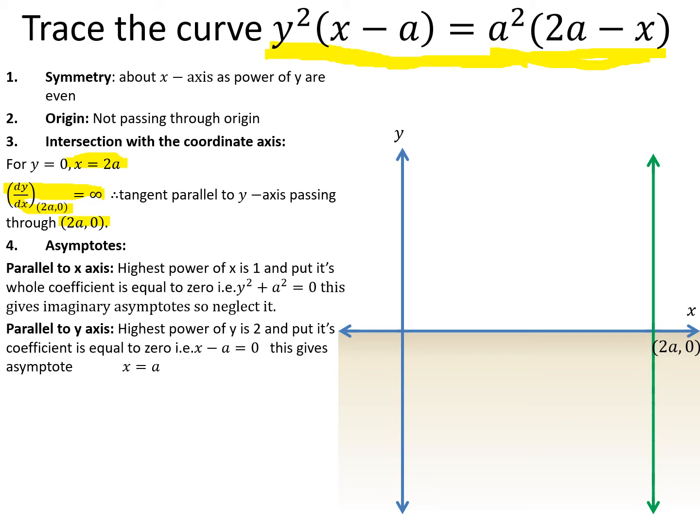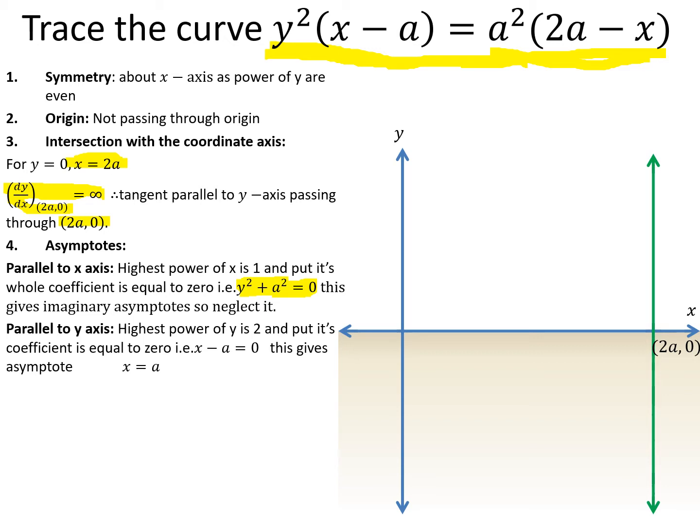If we take both terms on the left hand side, altogether the x coefficient is y square plus a square. We have to put this as 0, so we will get y is equal to plus minus ai. That means we are getting imaginary asymptotes, so we have to neglect them. So here we are getting two asymptotes parallel to x, but both are imaginary, so we will not take them.